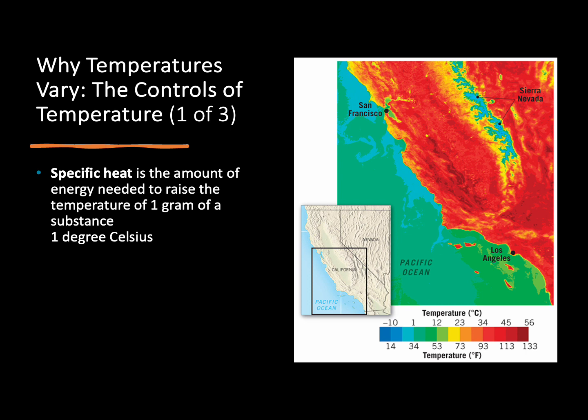And the specific heat is just the amount of energy that's needed to raise the temperature of something 1 degree Celsius. And we see that water has a higher specific heat than land. So this just means that it takes a lot more energy and time to heat up and cool off water than it is to heat up or cool off land.